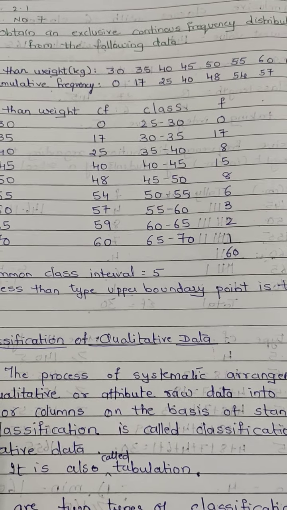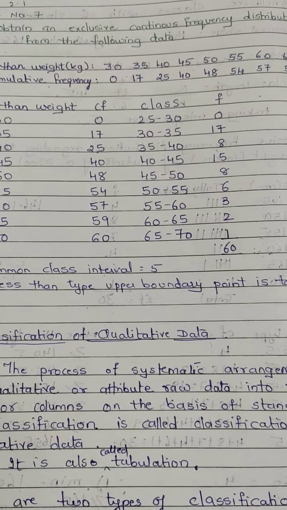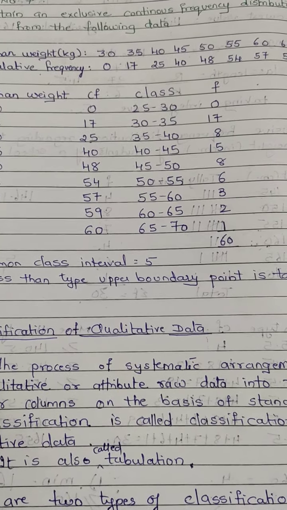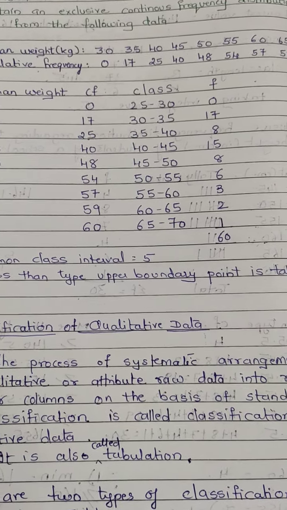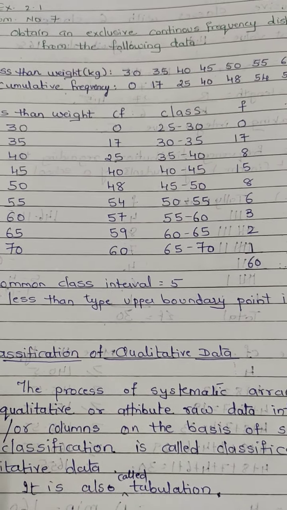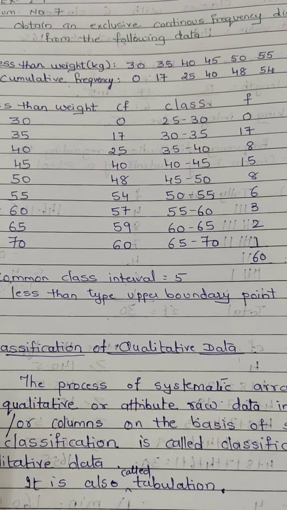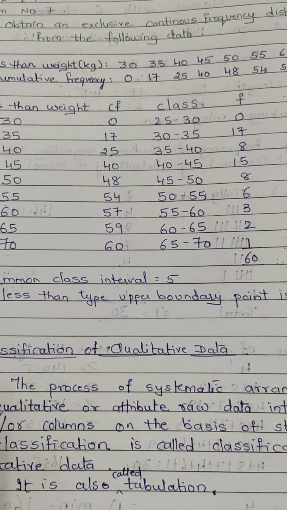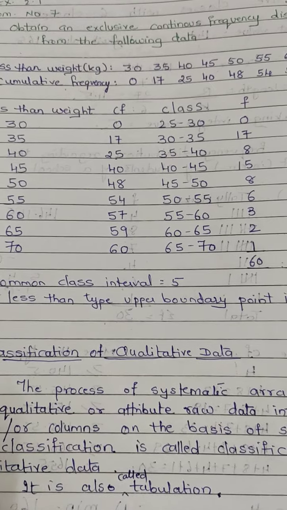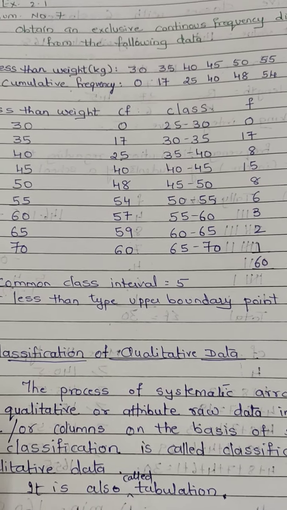Now to obtain original class from cumulative frequency, we have to prepare the classes and the frequency. The first value is less than 30. So class will be with class interval 5, 25 to 30. The last value is less than 70.